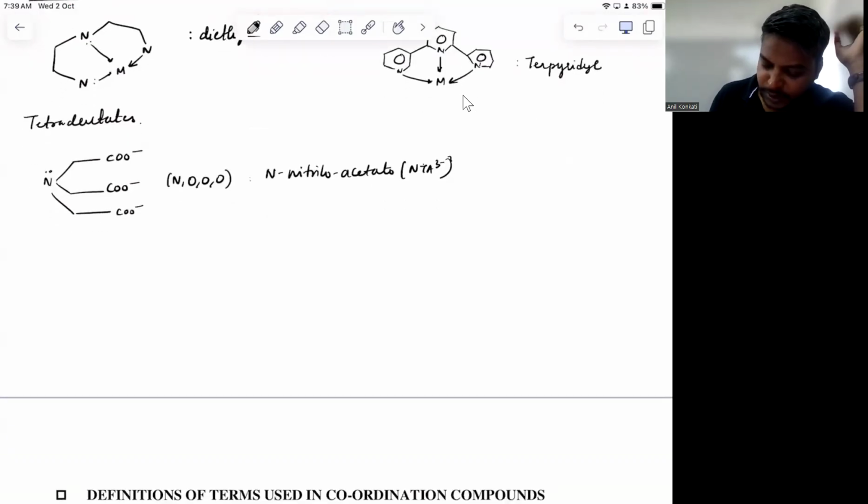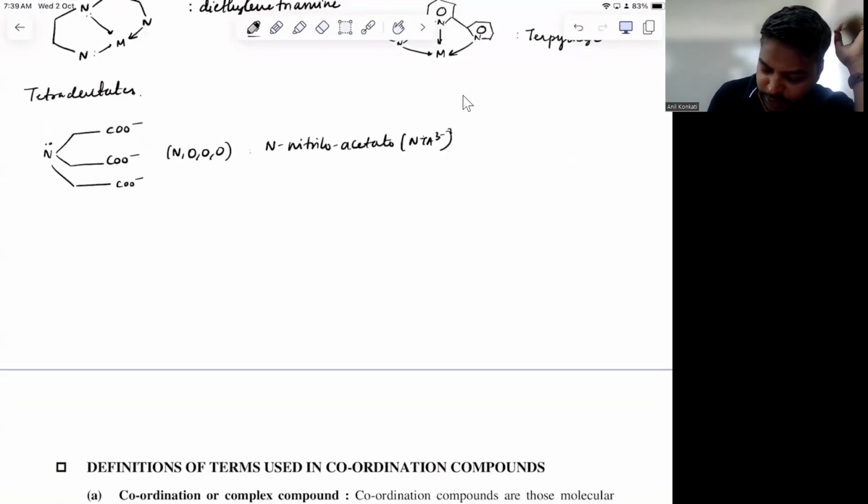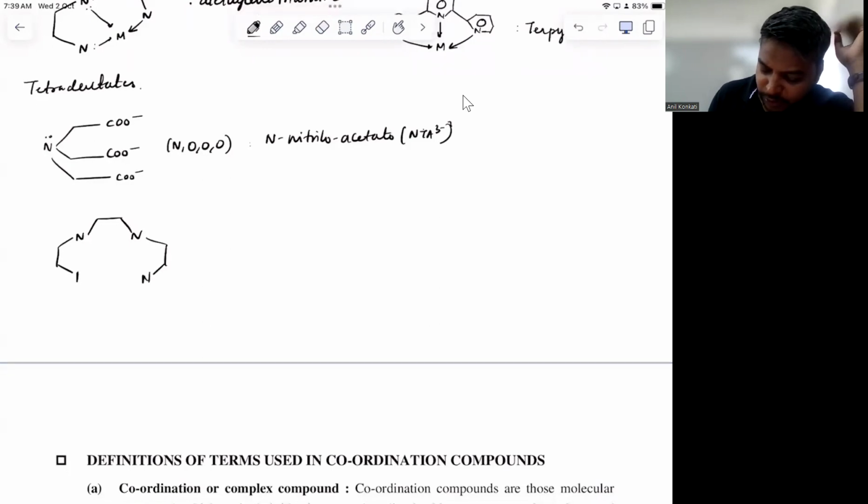Clear? Or we can also have more nitrogen density here, like this, another nitrogen, like this, another nitrogen here, and one more nitrogen here. So if you have a metal, it can connect from these 4 ends. So what do we have here?